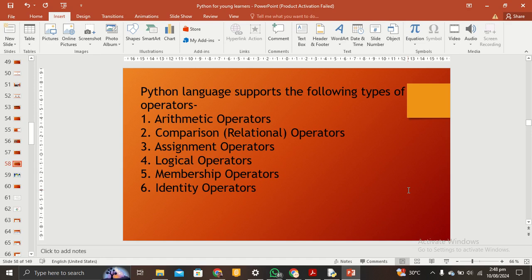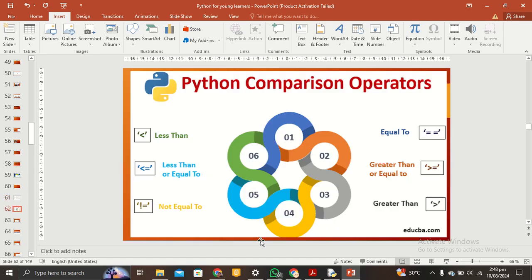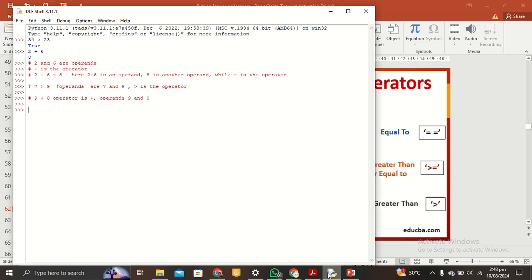Okay, so let's start with arithmetic operators. Let's come back to our IDE. You are used to arithmetic operators, for example plus, minus, division, and multiplication.